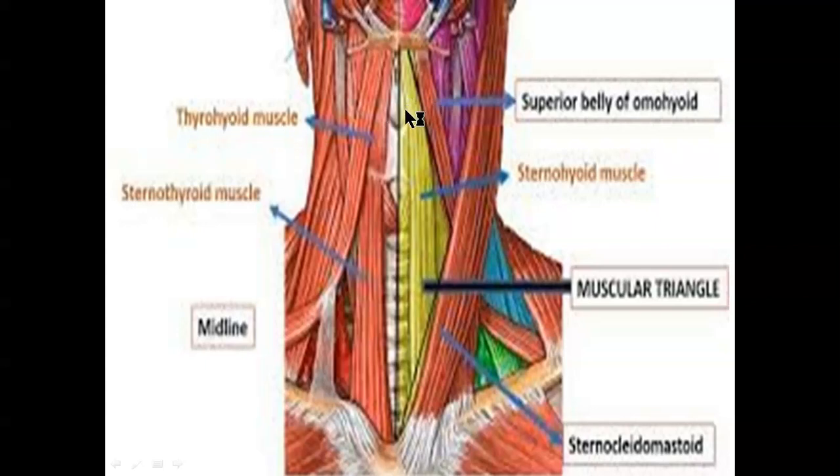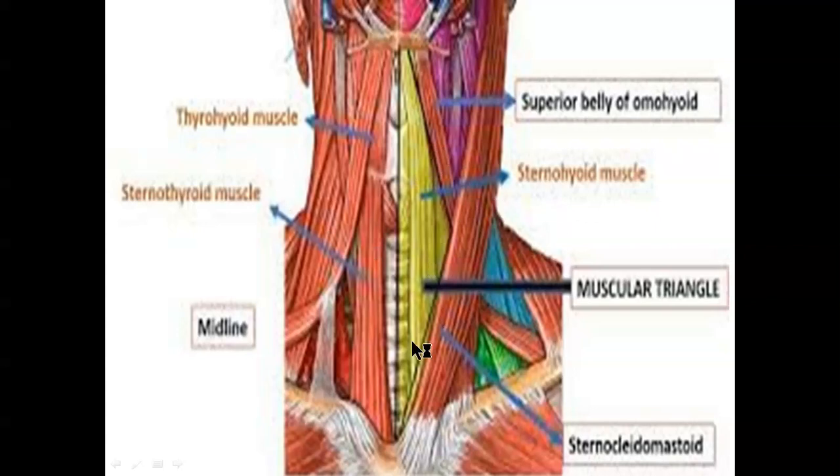Because it comes from your thyroid cartilage till your hyoid bone, a small muscle over here. Sternothyroid from your sternum till your thyroid cartilage, a long muscle. Then we have sternohyoid, from sternum till hyoid, the longest one. All right. These are the four main infrahyoid strap muscles.